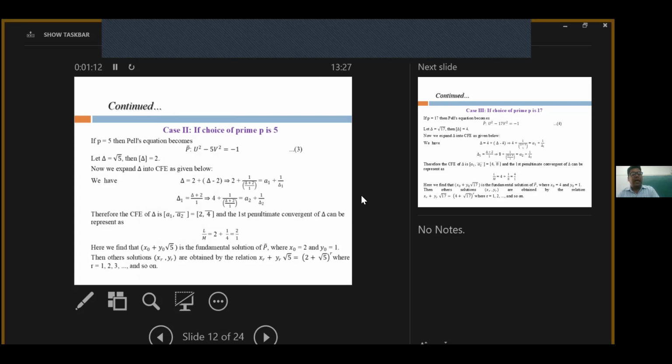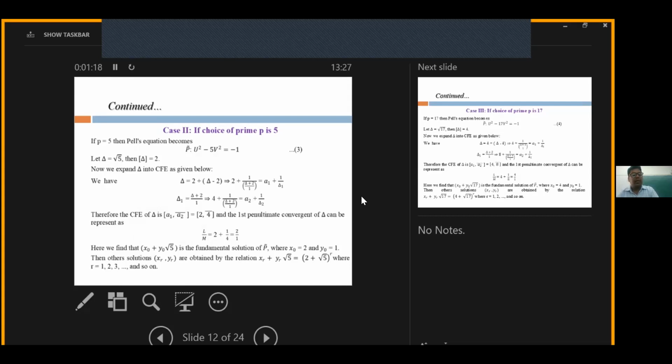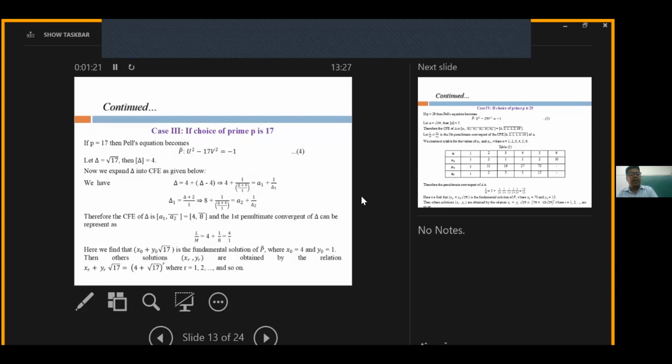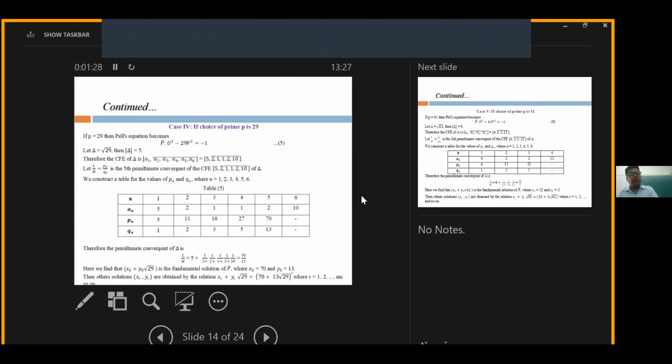And this is the second case, if prime p is 5. And this is the third case, if prime p is 17. Similarly, this is the fourth case, if the choice of prime p is 29.